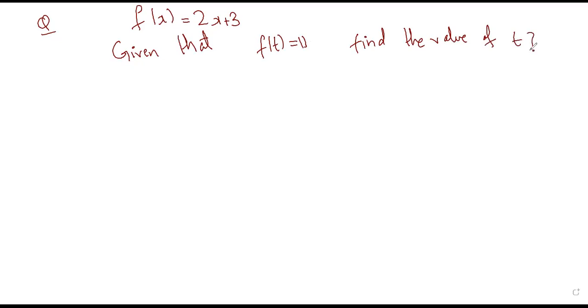Now in this question, this is the function. This is the condition which we have been told, that f of t equals 11. Let me rewrite it.